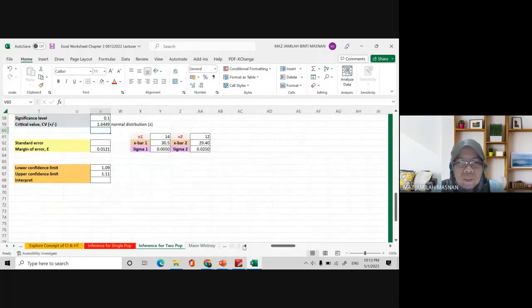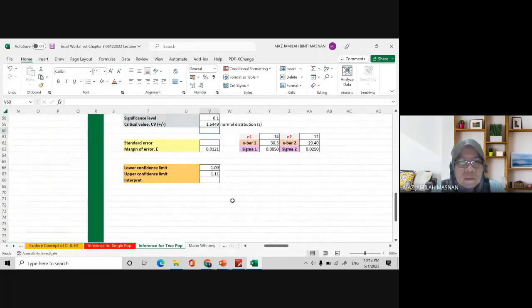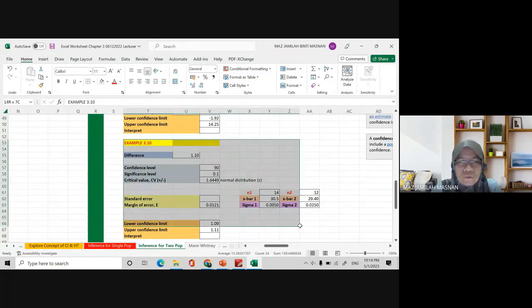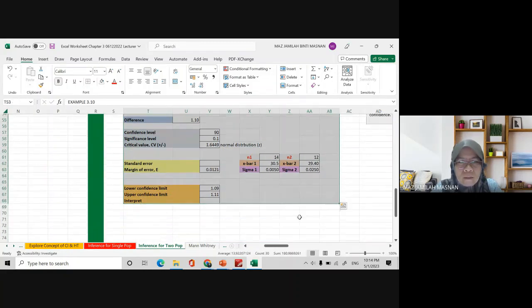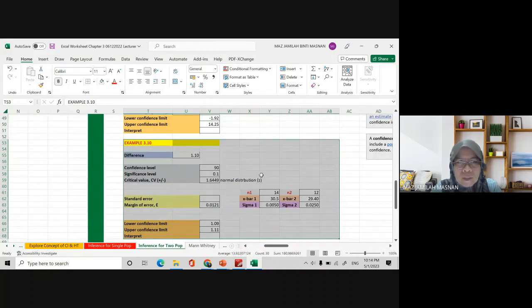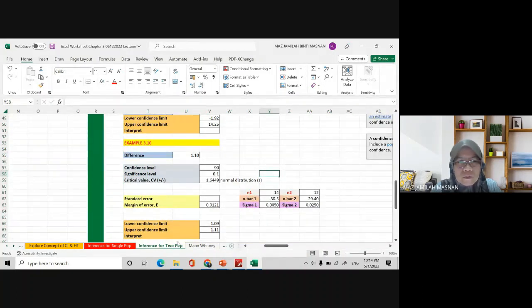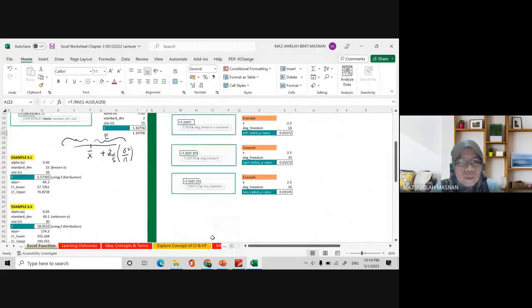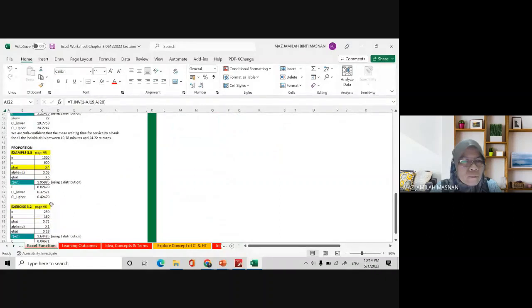For the proportion, let's say for the proportion. Okay, example 3.11. Sorry class, I just want to show you for the proportion. For the proportion, I want to copy the one that we just did, so it would be easier.